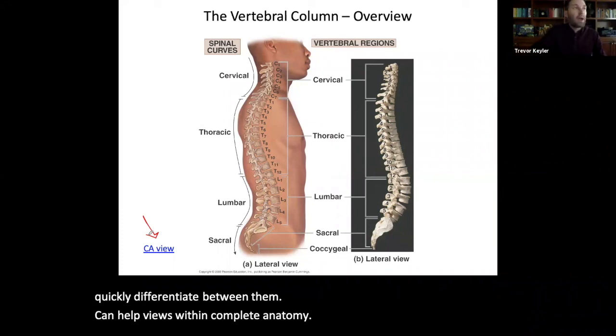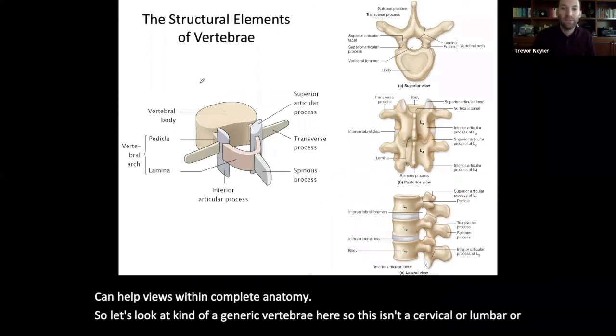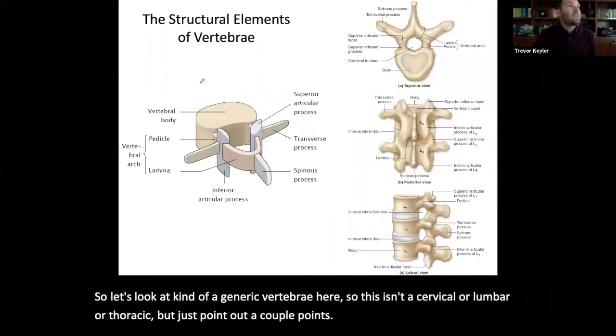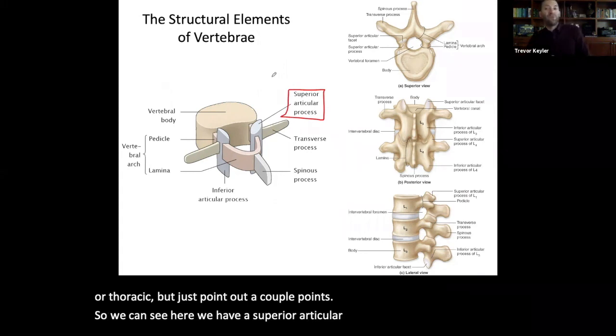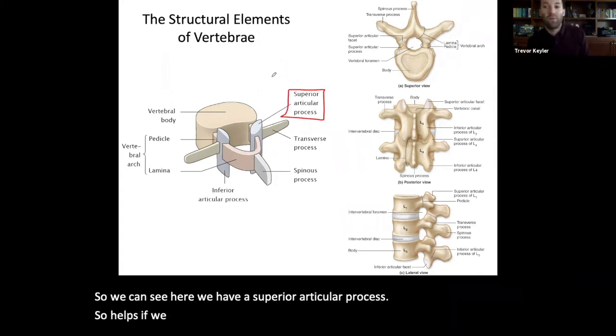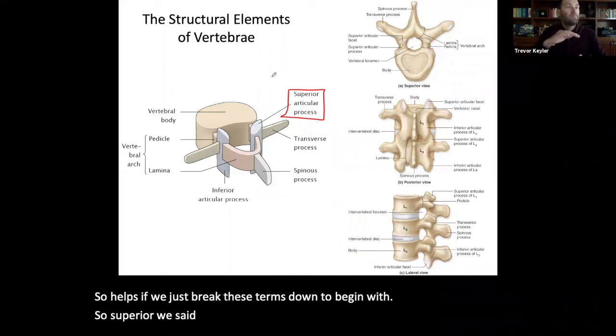So let's look at a generic vertebra here. This isn't a cervical or a lumbar or a thoracic, but just to point out a couple of points. We can see here we have a superior articular process. So it helps if we just break these terms down to begin with. Superior, we said, means top, okay?